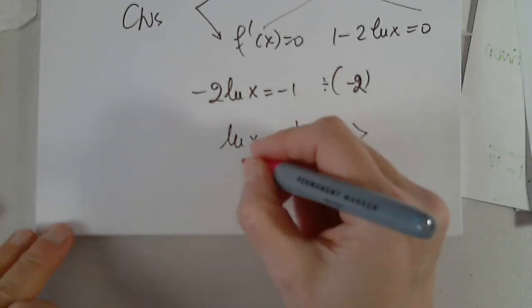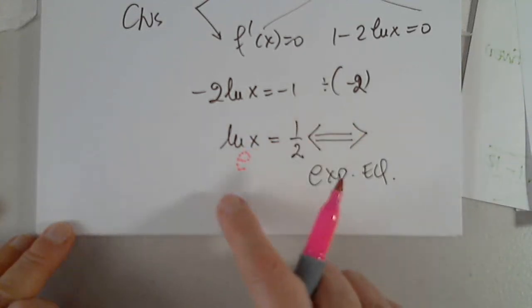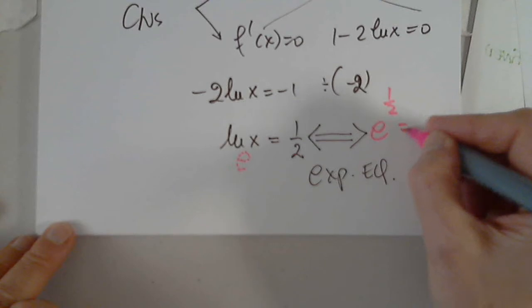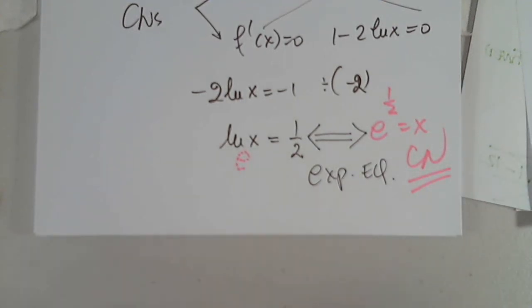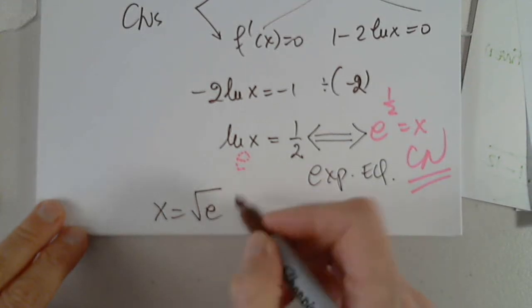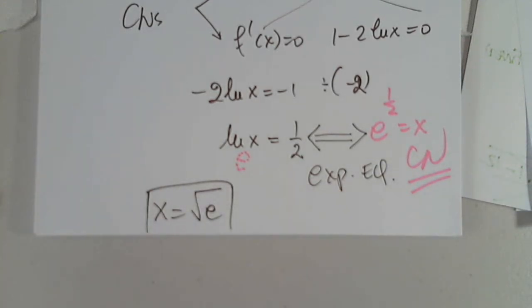E, we don't write it, we know it's there. E to 1/2 equals x. So that's our critical number. So this function has one critical number, which is the square root of e. X equals the square root of e, critical number. Does this give a max or min?